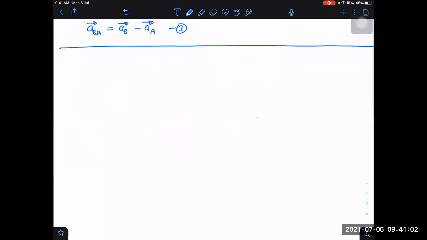Now, what are the equations of motion? Normally, we write acceleration is equal to dv by dt, and we write velocity is equal to ds by dt.